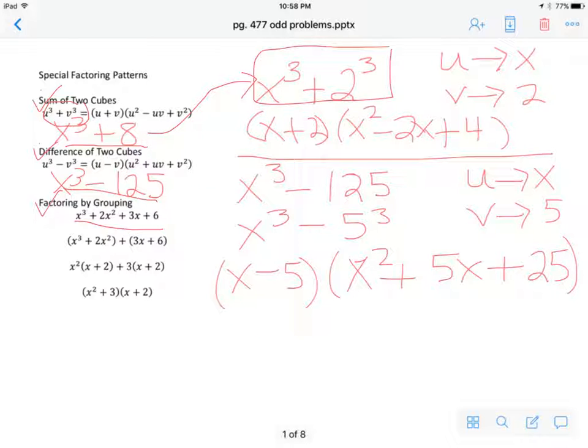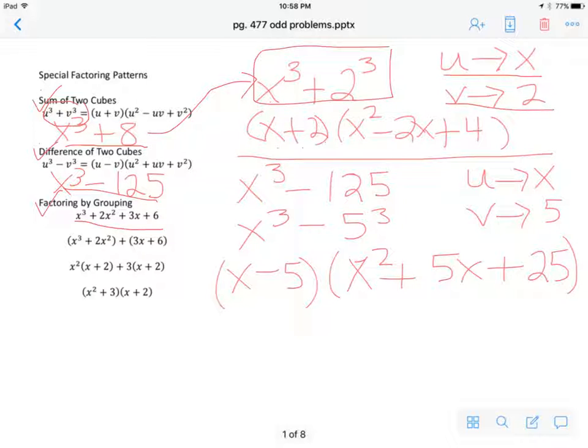Because the x is first, wherever you see a u, you're going to write x, and wherever you see a v, you're going to write 2. Then it becomes a matter of substitution into the format. It said u plus v, so I wrote x plus 2. That's the first binomial in parentheses.